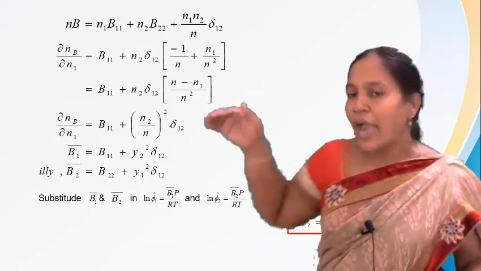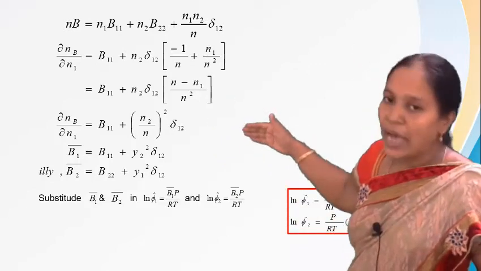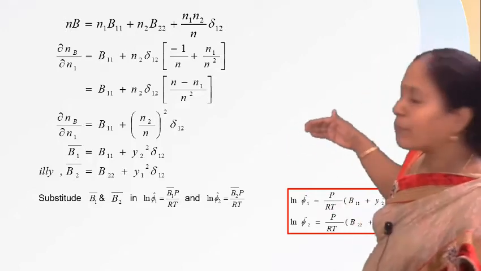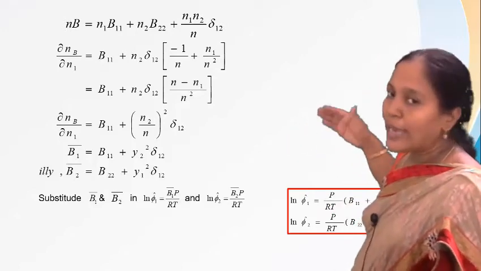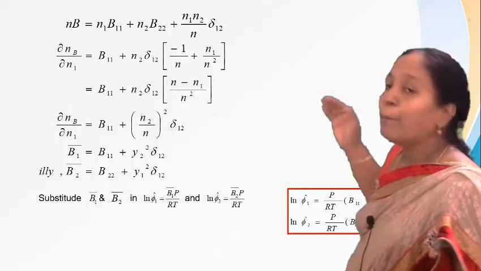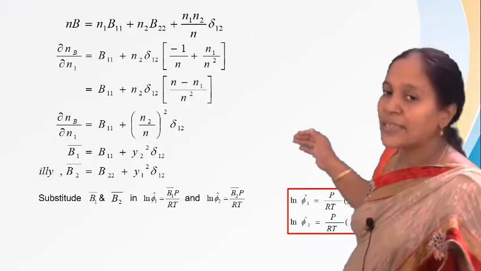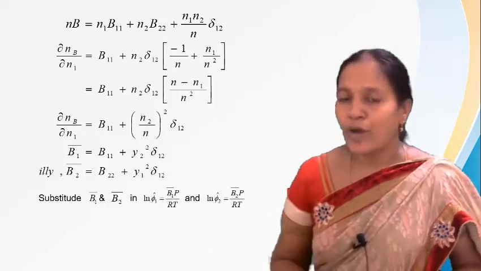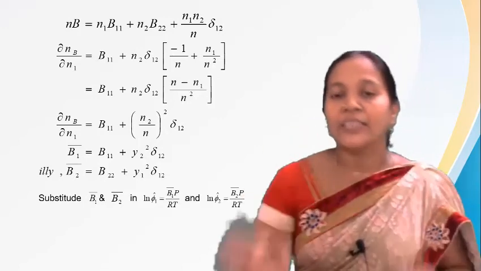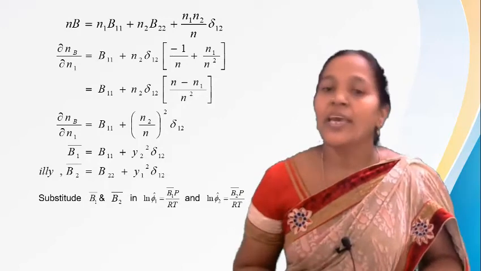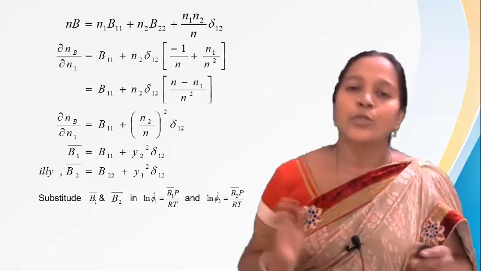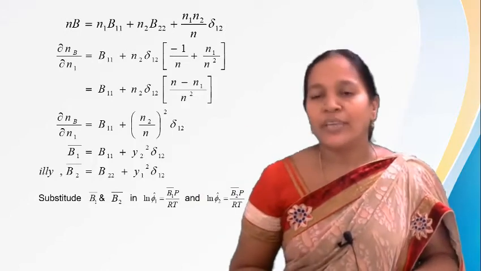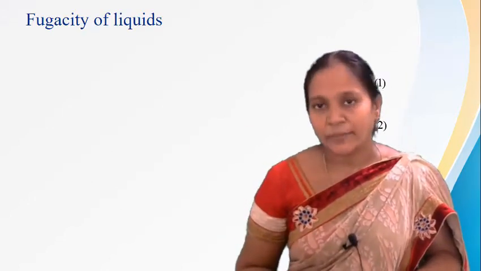Therefore, ln phi 1 cap is equal to P by RT multiplied with B11 plus y2 square delta 12. ln phi 2 cap is equal to P by RT into B22 plus y1 square delta 12. These two formulas are used for calculation of fugacity coefficients in a binary solution. Here phi 1 cap and phi 2 cap are the fugacity coefficients.